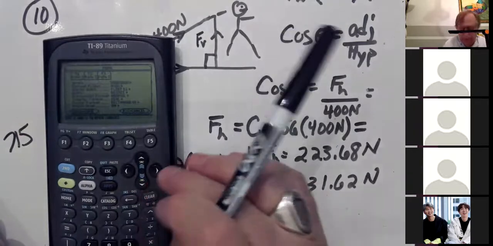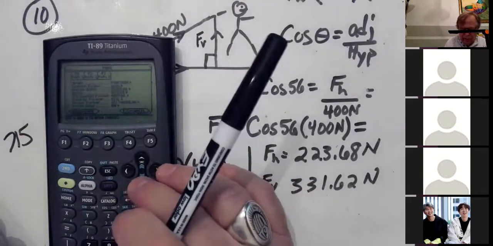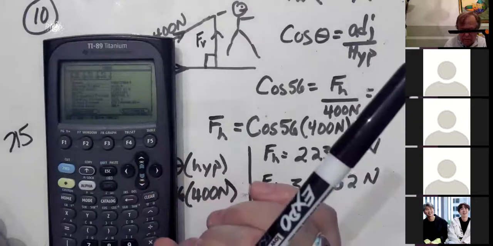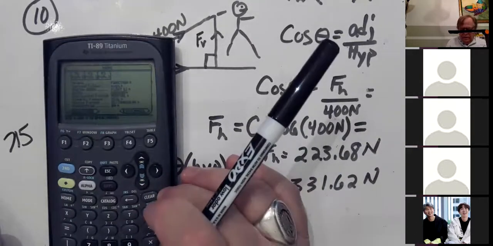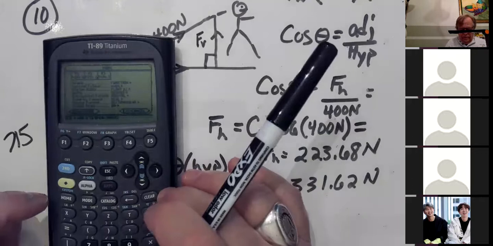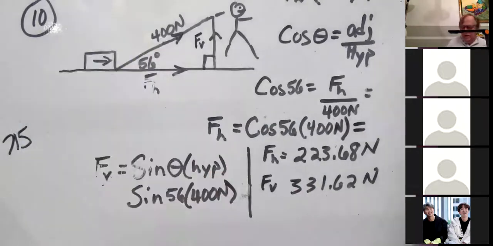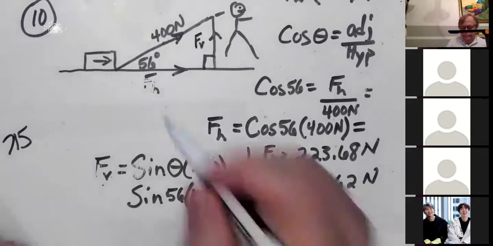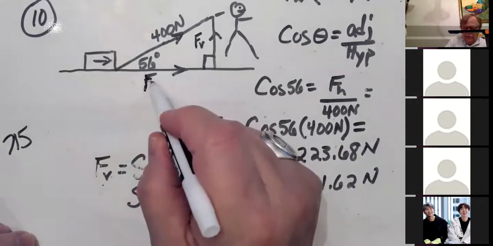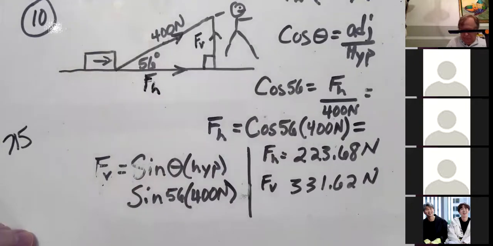Okay, so I'm going down and it says degree right there. I have it in degree. So that's got to be just a mistake on the answer key. Are you getting the same answer I do now?